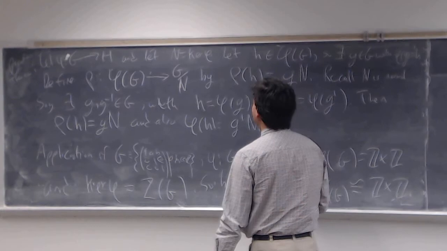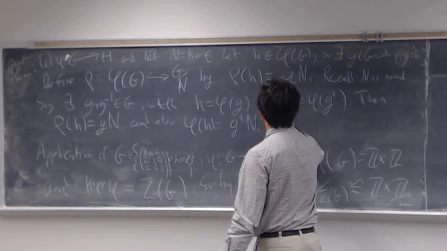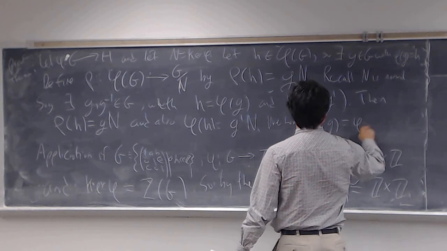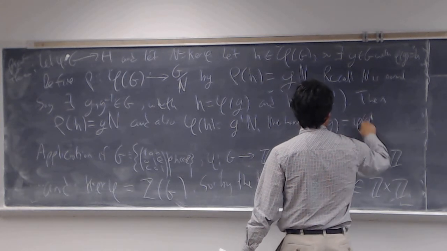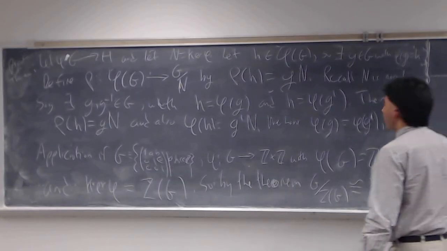So what do we know though? Well, phi of g is equal to h, and phi of g prime is equal to h, so we have phi of g is equal to phi of g prime. So that's going to give us what?